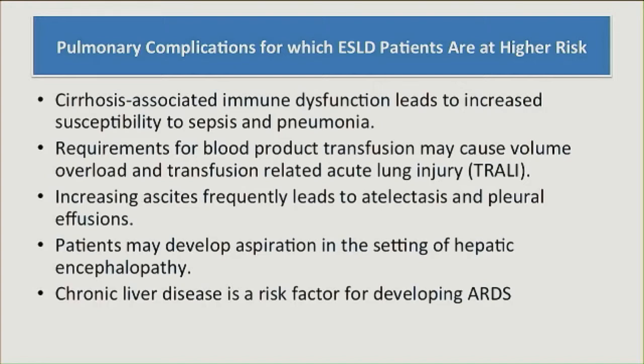So in liver cirrhosis patients, the immune dysfunction may lead to increased susceptibility to sepsis and pneumonia. Besides pneumonia, there are many predisposing factors that could cause lung edema, such as patients receiving multiple transfusions may develop transfusion-related lung injury.